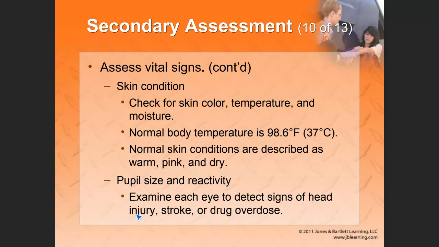Now, examine each eye to detect signs of head injury, stroke, or drug overdose. So shining a light in the pupil can tell us a lot about the brain. Now, when a light is shined into the pupil, the normal reaction is for the pupils to constrict.